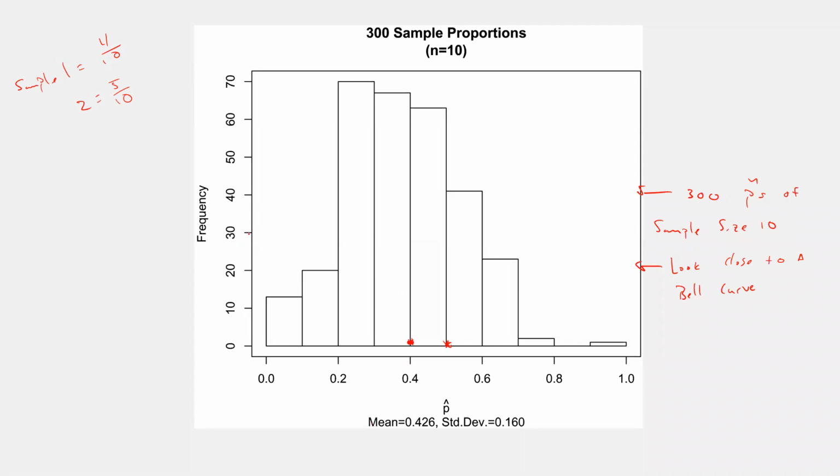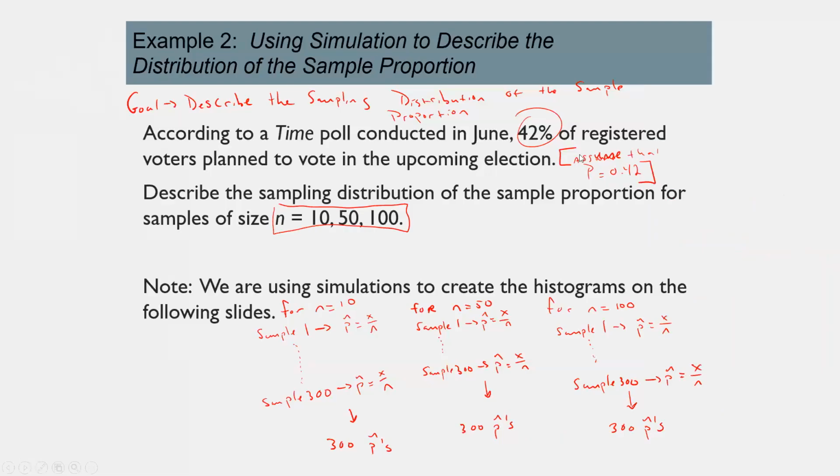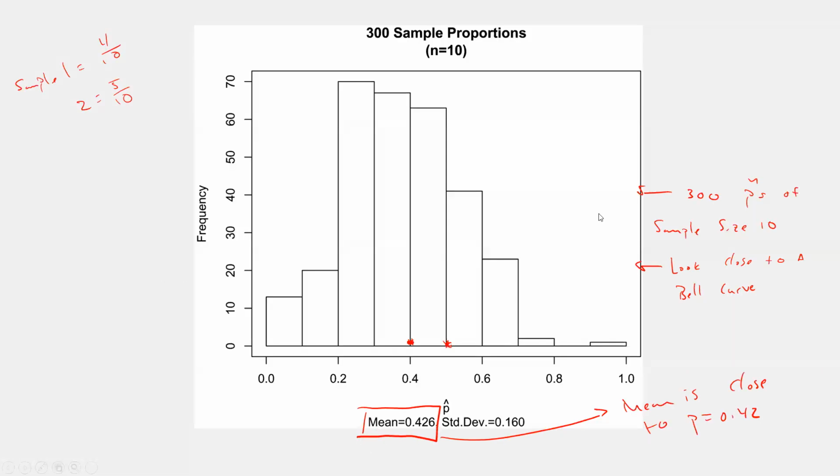Well, if you were to take the average of all your p hats, what is the average really close to? It's close to what I said the real population proportion would be, that it was really 0.42. So the mean is close to it. And if you were to calculate the standard deviation of all these, you would get 0.16.